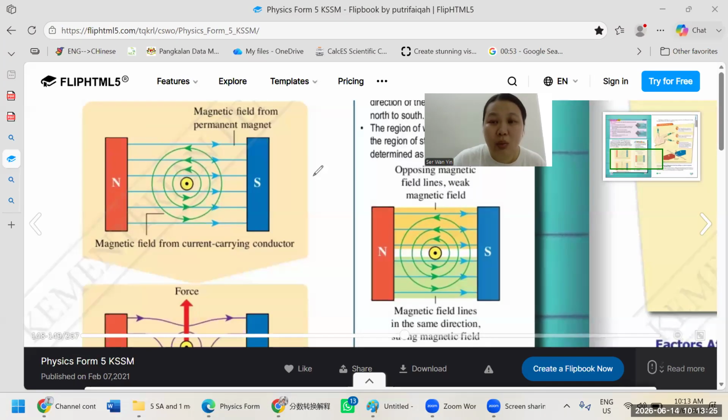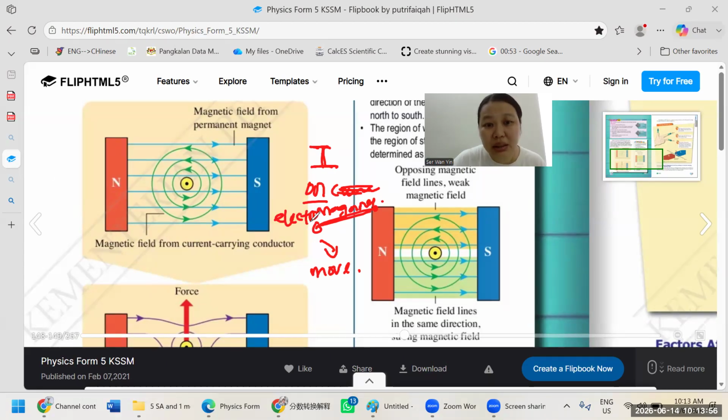So that is why when they switch on the current on the power supply, only then does the copper rod move. Because when we switch on the power supply, there is current, and only then does this thing have a magnet. So this magnet, we call it an electromagnet. It means got current, got magnet.